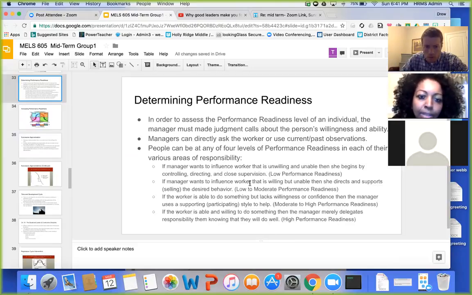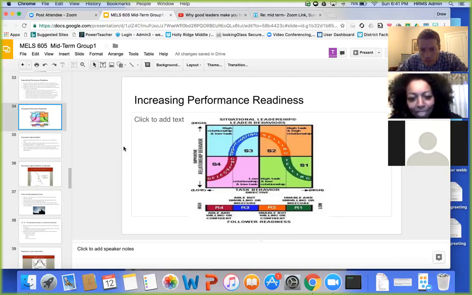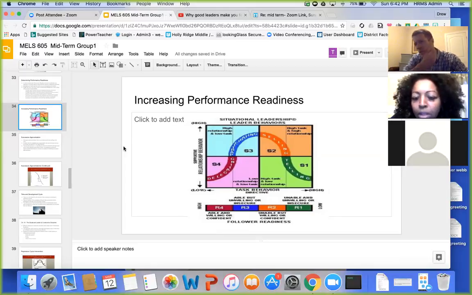And then the next slide actually gives a visual. Yeah. It shows part of what Drew had, at the bottom there. The follower readiness, and it goes from R4, you'll see, to R1. And R4 is high functioning. I mean, they are able, they're willing, confident, everything. All the way down to R1, unable and insecure.